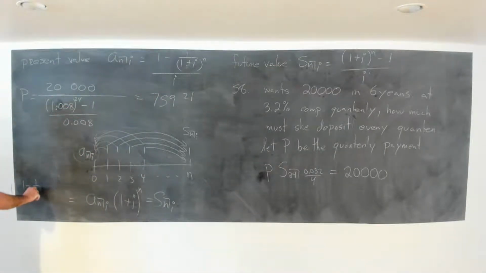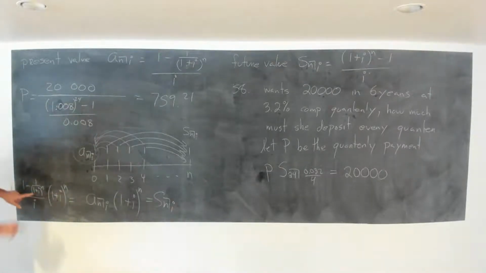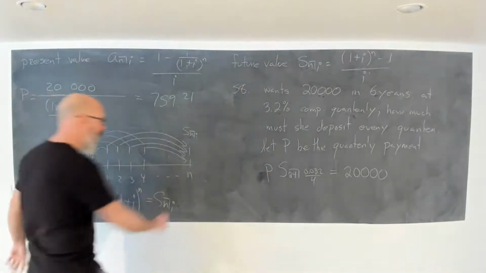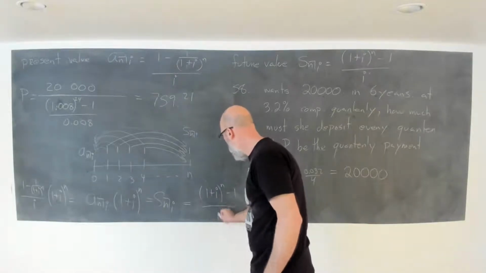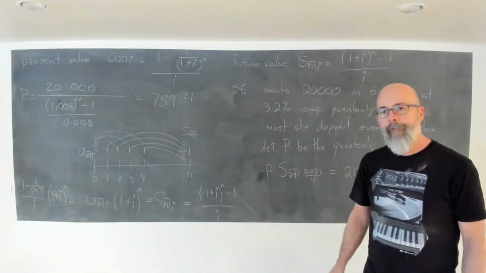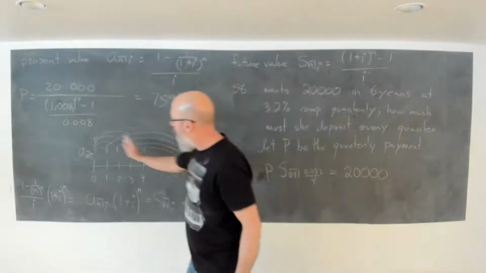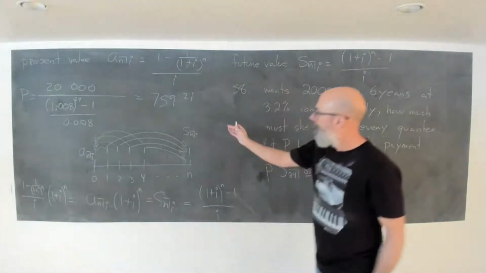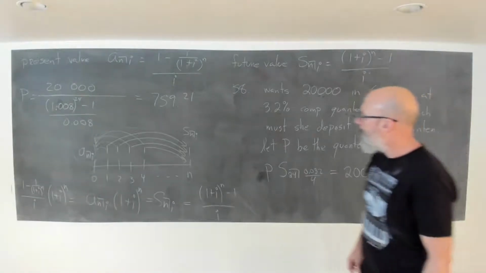So 1 minus 1 over 1 plus i to the n, over i, if you multiply that by 1 plus i to the n, these cancel out, and you get 1 plus i to the n minus 1 over i, which is exactly your Sn. But the nice way of viewing it is important.